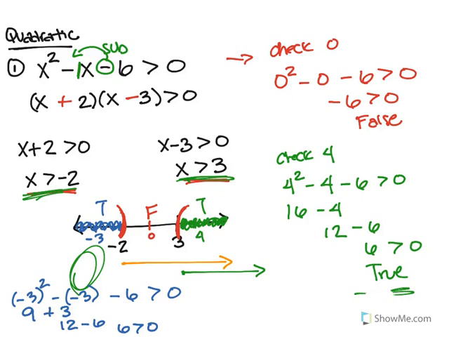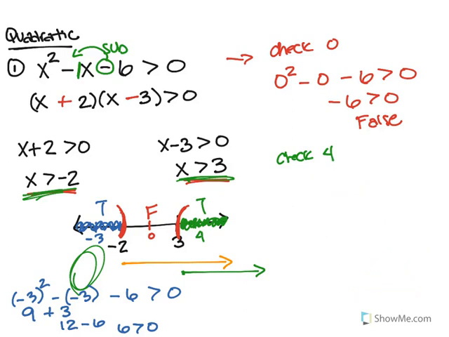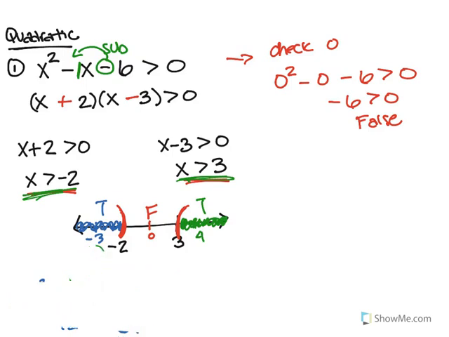Now, I'm going to erase this check over here so I have some room. Now, when I write my interval notation, we start from the left side. And so that's going to represent who? Negative infinity.